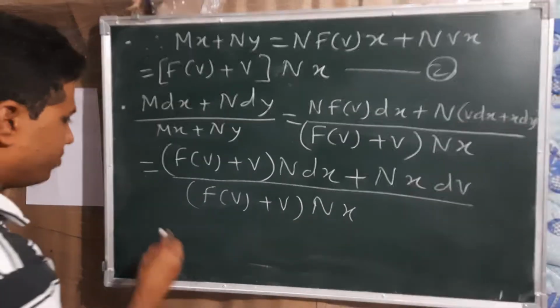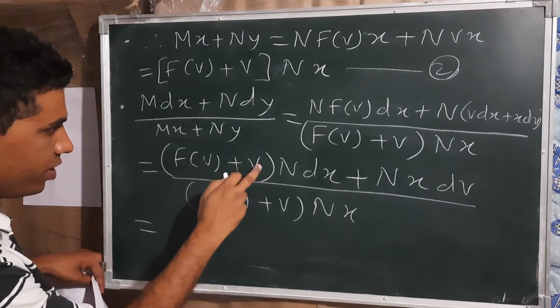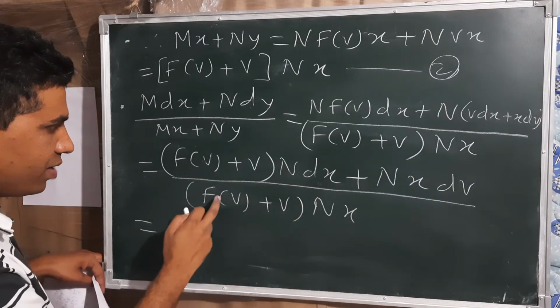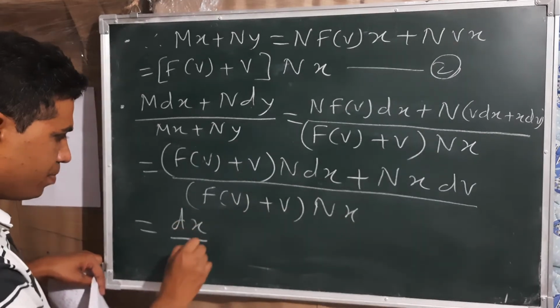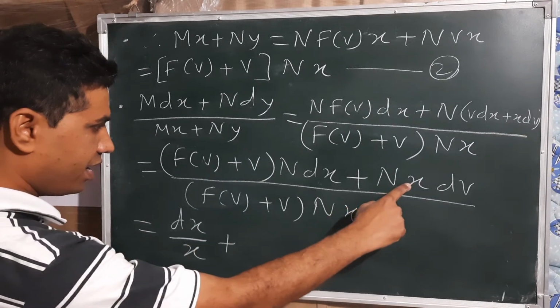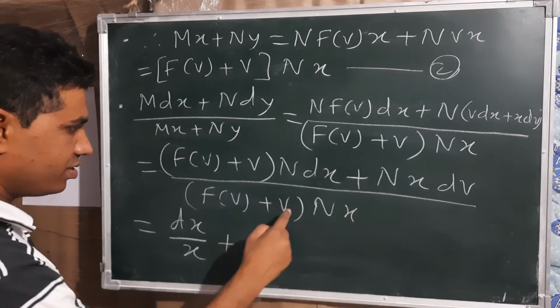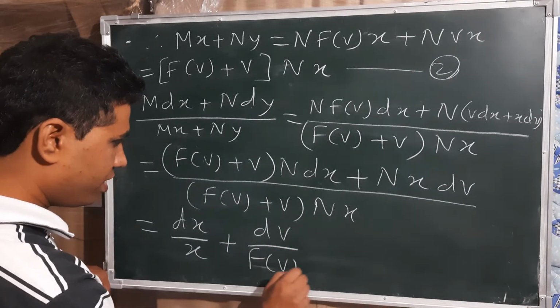And now we simplify. So the first term becomes F of v plus v into N dx divided by F of v plus v into Nx. So it is simply dx by x plus the second term, Nx divided by this, so it is dv divided by F of v plus v.